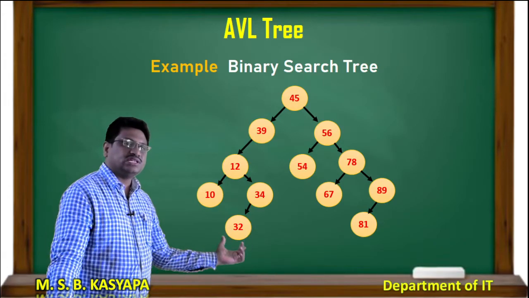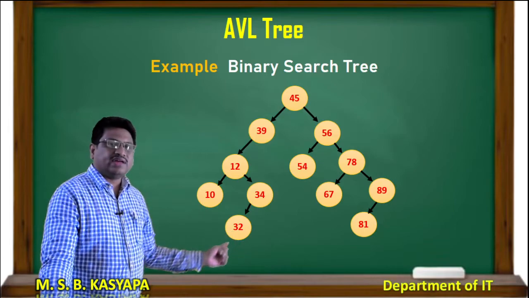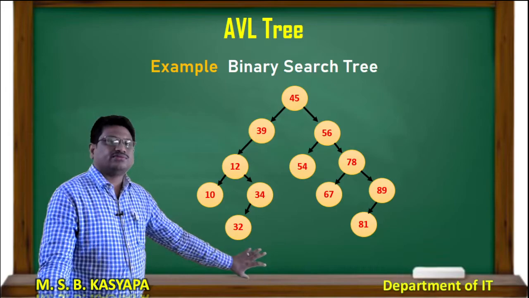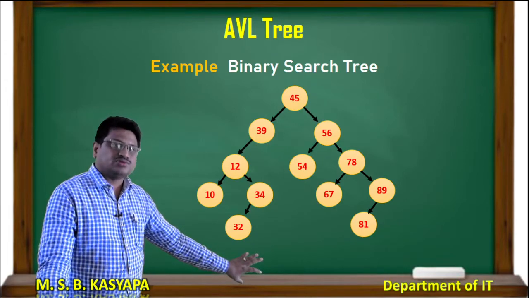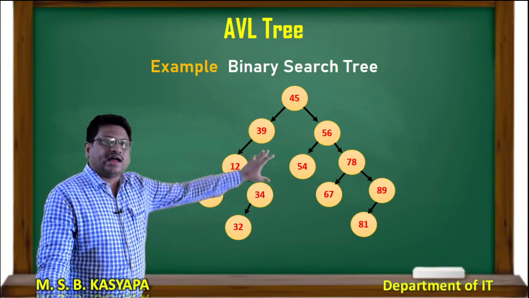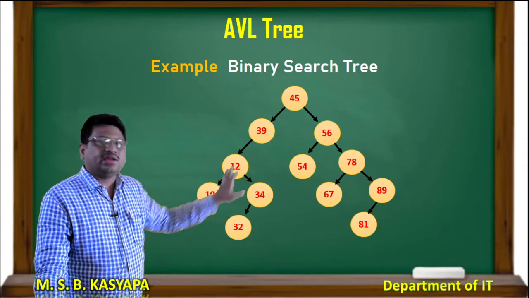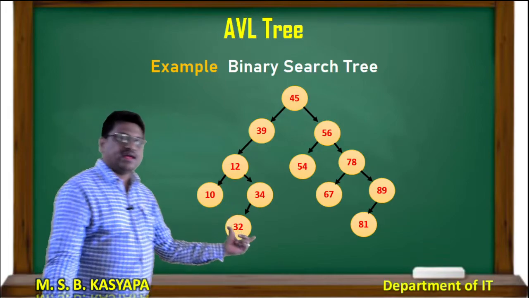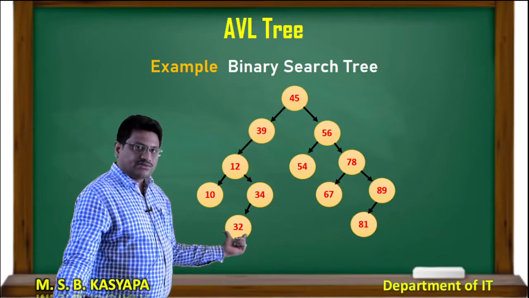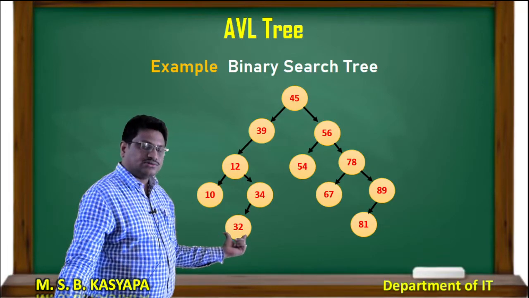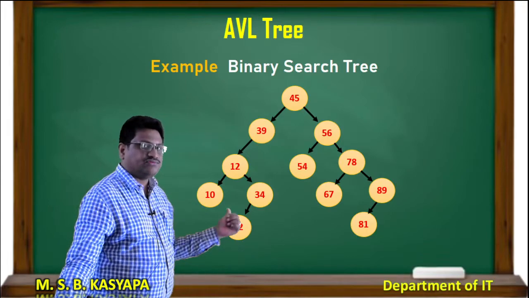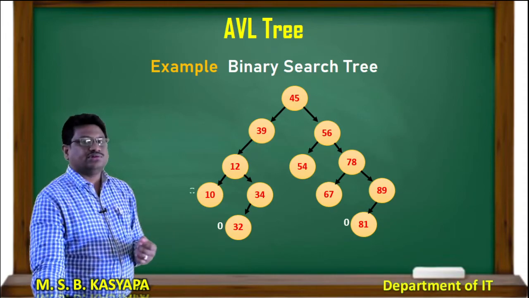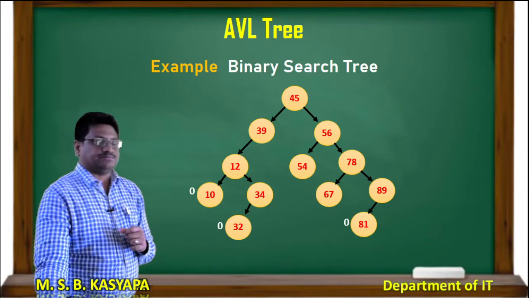First, 32 doesn't have any children on the left or right, so there is no need to calculate a balance factor. What is the balance factor? The height of the left subtree minus the height of the right subtree. I don't have any children, so if it is a leaf node, I can directly put 0. So 81 also 0, and the next one is also 0.